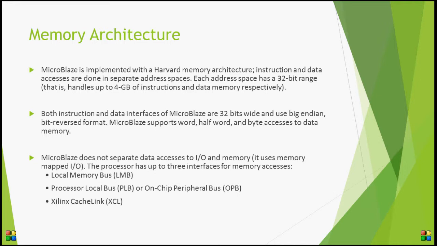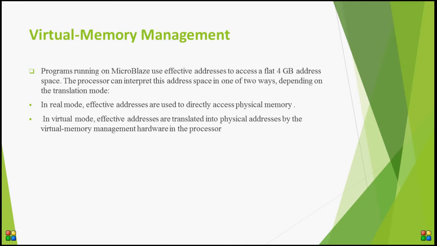MicroBlaze supports word, half word, and byte accesses to data memory. MicroBlaze does not separate data accesses to input-output and memory. It uses memory-mapped input-output. The processor has up to 3 interfaces for memory accesses: local memory bus, processor local bus, and Xilinx cache link.